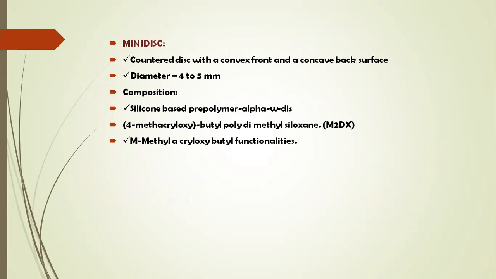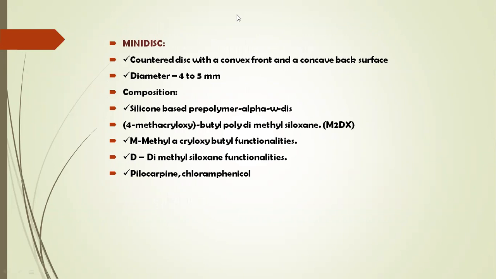M is methacryloxybutyl functionalities, D is dimethyl siloxane functionalities, and it is used for the delivery of drugs such as pilocarpine and chloramphenicol. So this was all about a brief introduction of ocular drug delivery system.